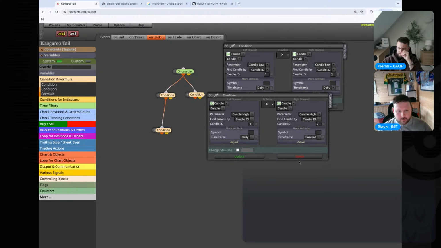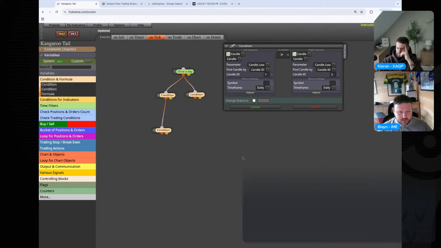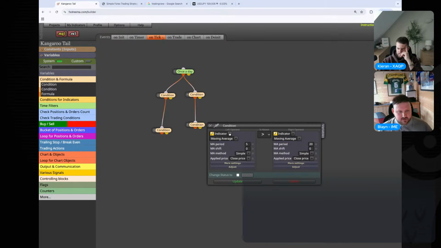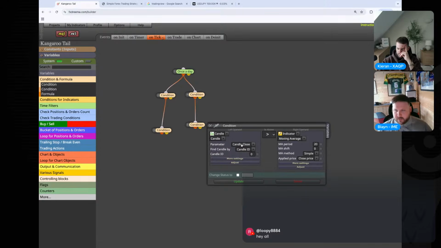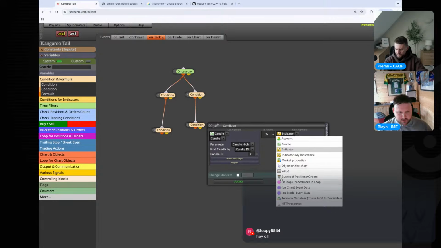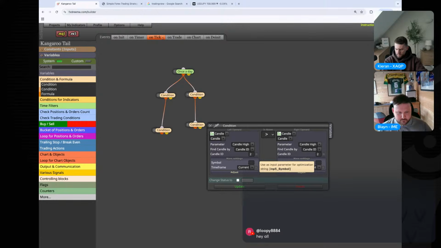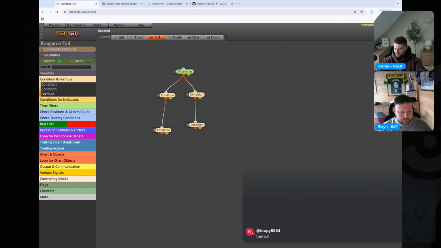Again, looking at the daily time frame, and the candle high of 2 is above the candle high of 3. Again, looking at the dailies. And that, in short, is all we need for the entry criteria.